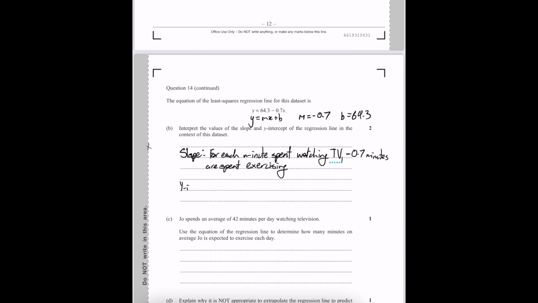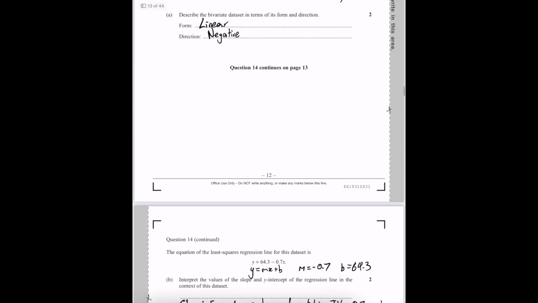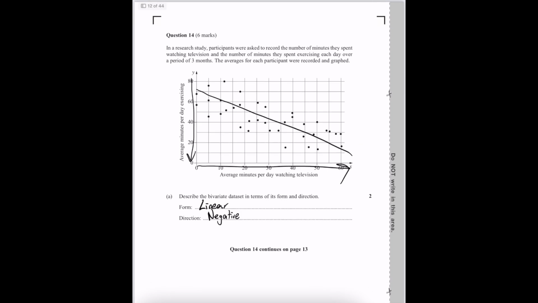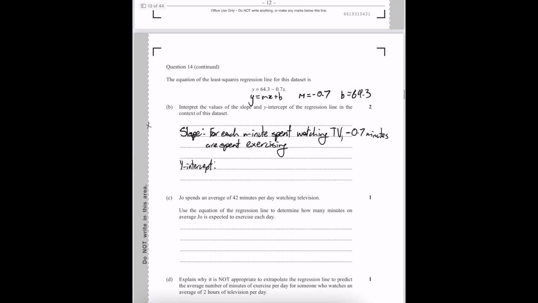And then the y-intercept. So how do we interpret that? The 64.3 essentially says, if we spend no time watching television, then we will be exercising for 64.3 minutes.